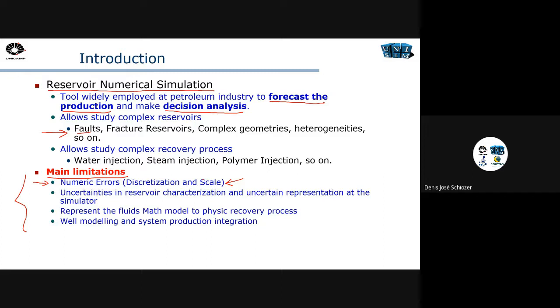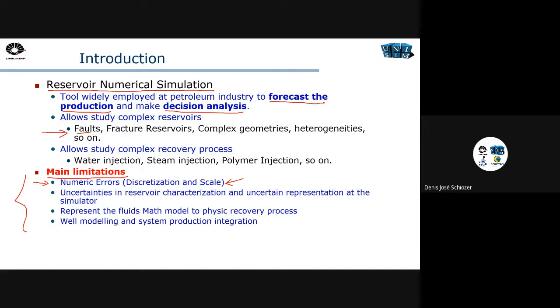For example, if I have blocks of 100 meters or 50 meters, we're going to have numerical dispersion, so that the water, instead of getting from the injector to the producer in 6 months, may get there in 2 months or in 1 year. So the error can be very big if we consider discretization errors.